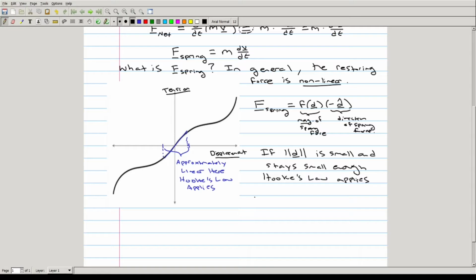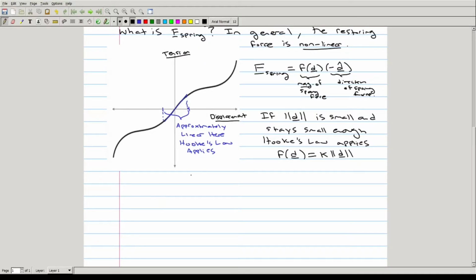Which means that f of the displacement vector, the magnitude of the spring force, is equal to k times the size of the displacement. And it's important to point out that this is valid only if the deflection is small enough.